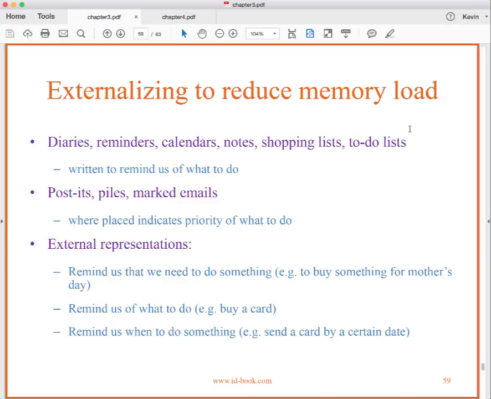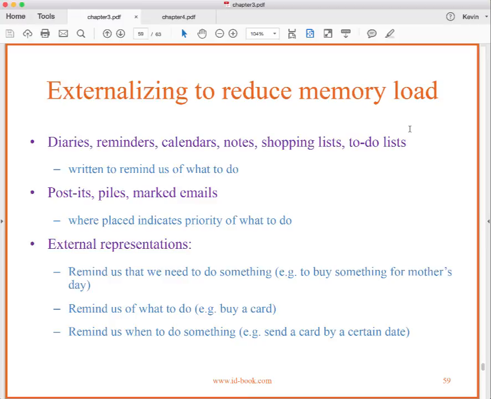One of the things that can go on is this idea that the actors can externalize to reduce memory load. So they can use diaries, reminders, calendars, etc. They're written to remind us what to do.